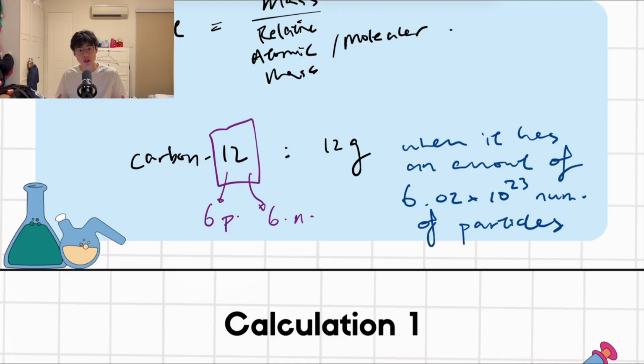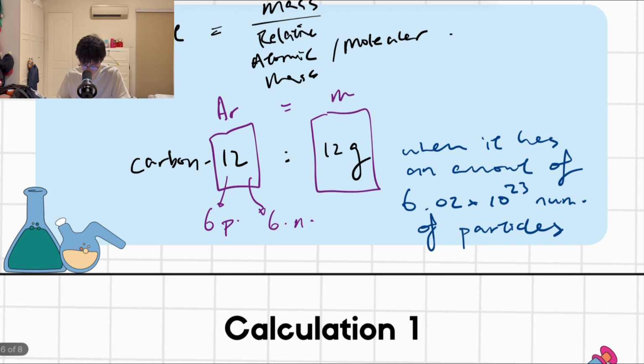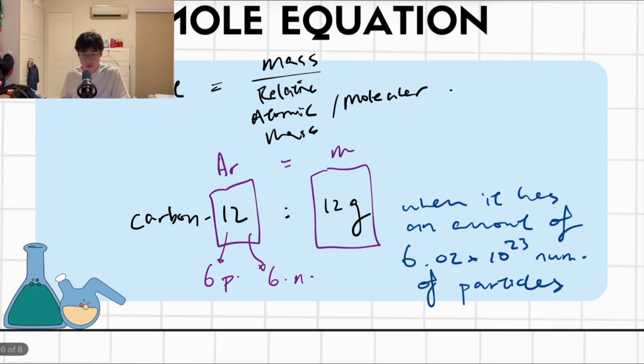In this situation, in the specific amount of carbon-12 atoms, there are 12 grams of it. And so the relative atomic mass, which we represent as AR, equals the mass, which we can represent as M. And so at this specific amount of a substance, the relative atomic mass equals the mass of a substance.